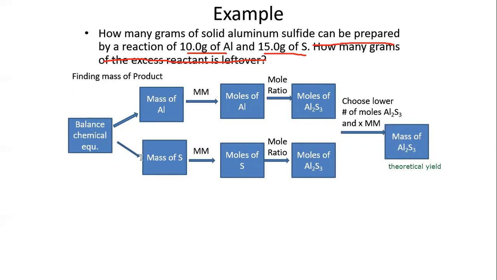We take the mass of each reactant, convert it to moles, use the mole ratio to convert it to the moles of product we want, determine which one is the lower number of moles, and then convert that to mass to get our theoretical yield. Every problem we do, we're going to be doing these steps.